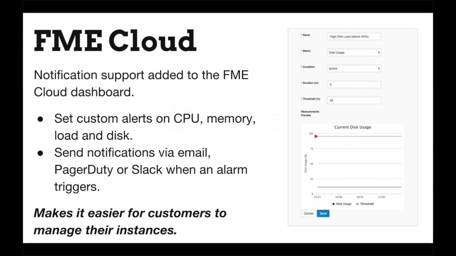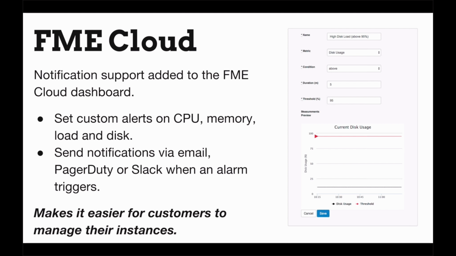Now you are able to, or soon will be able to, and we've been running it internally for testing, set alerts on CPU usage, memory usage, and disk usage, and get emails via notifications, or via PagerDuty, Slack, or web triggers when a certain threshold is reached. Then you know when your instance is running into problems, so that you can adjust.